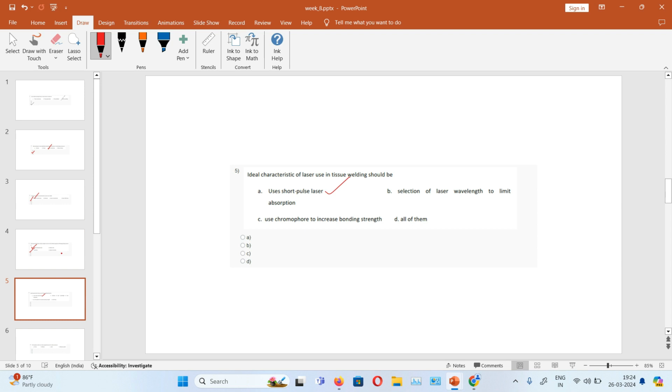Selection of laser wavelength to limit absorption. That is also good, such that it will not get absorbed by the whole part. It only gets absorbed at the required portion. Use a chromophore to increase the bonding strength. We can use a chromophore which will absorb the laser, or select the laser in such a way that it is useful for that particular application, improving the efficiency of the bonding or the welding.